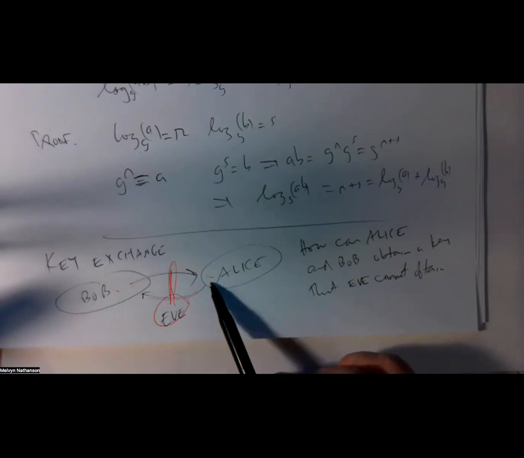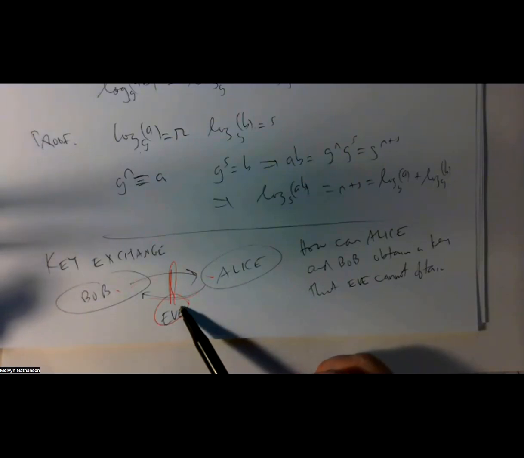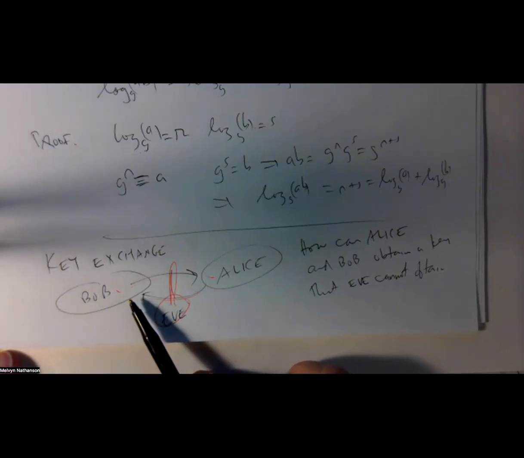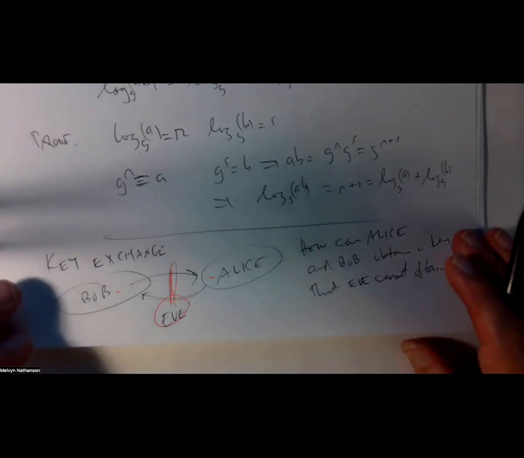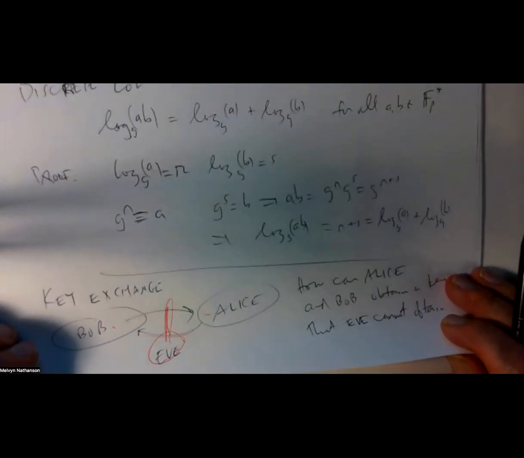If he sends it the key, Eve will intercept it. She'll know what the key is. Can Bob encrypt the key? Well, they don't have a cryptographic system set up yet. They need a key in order to do their cryptography. So this was for a very long time a very subtle, unsolved problem in cryptography.